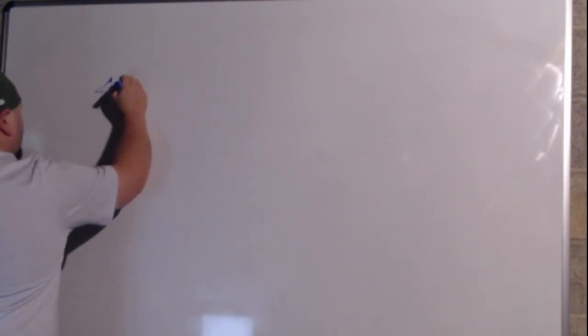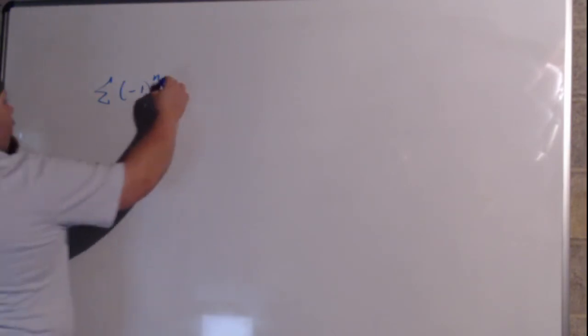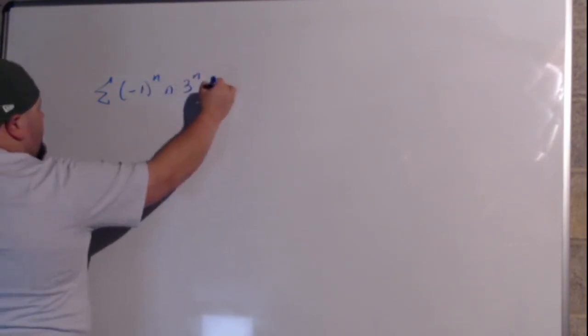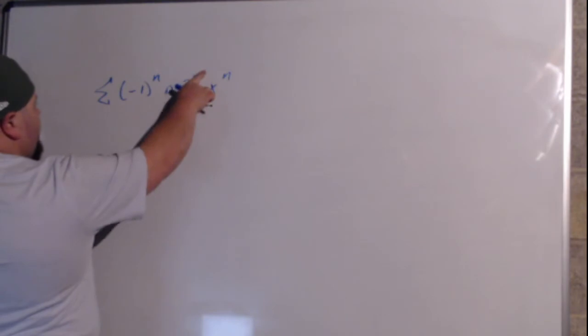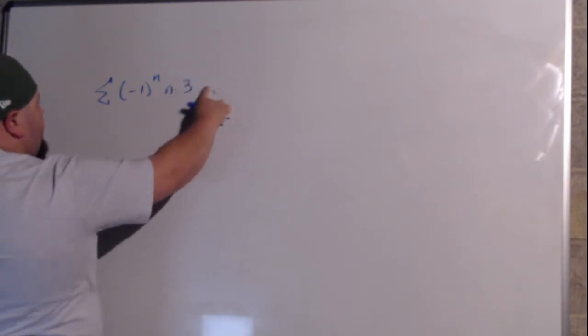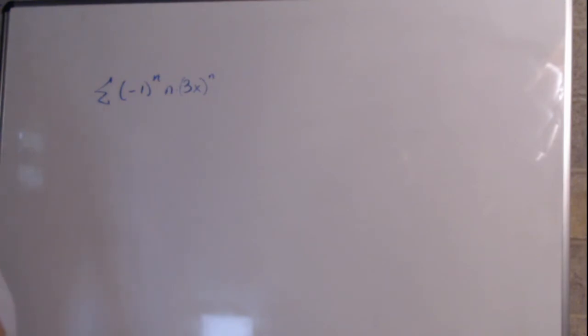Alright. So we've got some, there's a -1 to the n times 3 to the n times, what is it, x to the n? Yeah. So right off the bat, I think I'm just going to put these two together. If they're both at a power n, why not?